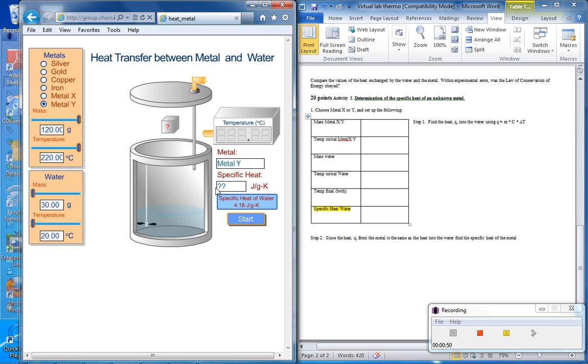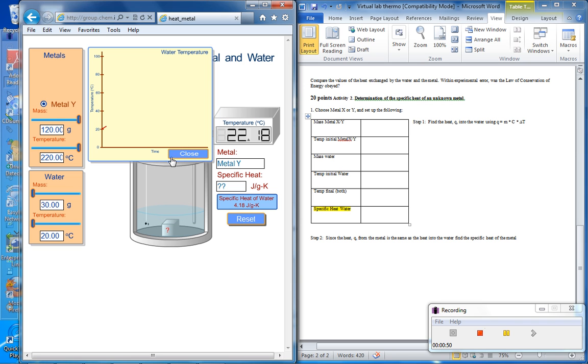Notice the specific heat we don't know. And leave the water at 30 grams and 20 degrees. So hit start, and as you notice, the calorimeter lowers the thermometer into the water. The unknown specific heat metal Y, and off it goes.